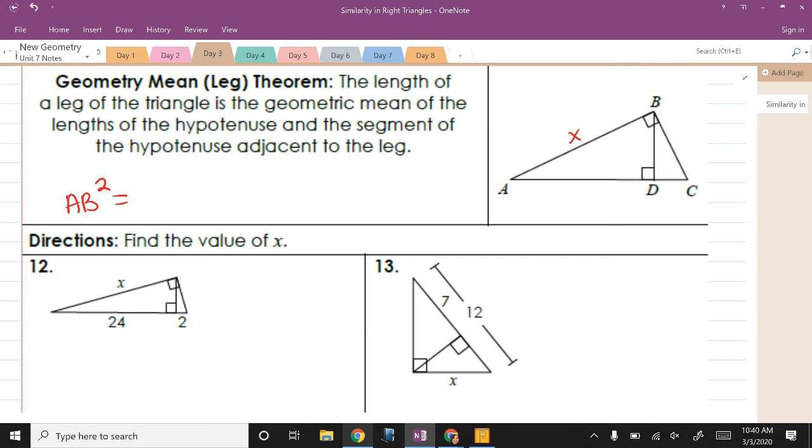So the whole thing times that part. So that leg equals this leg of this other triangle times the hypotenuse of the big. So it's going to be AC, which is the whole hypotenuse, times the other little leg that it touches, AD. So these are kind of harder to see.